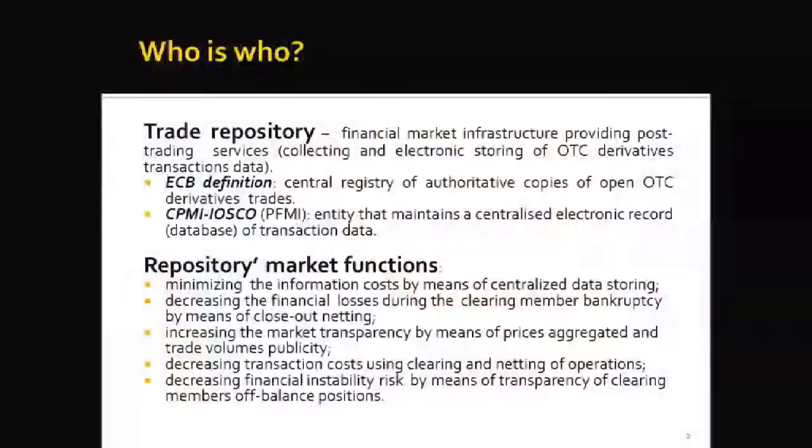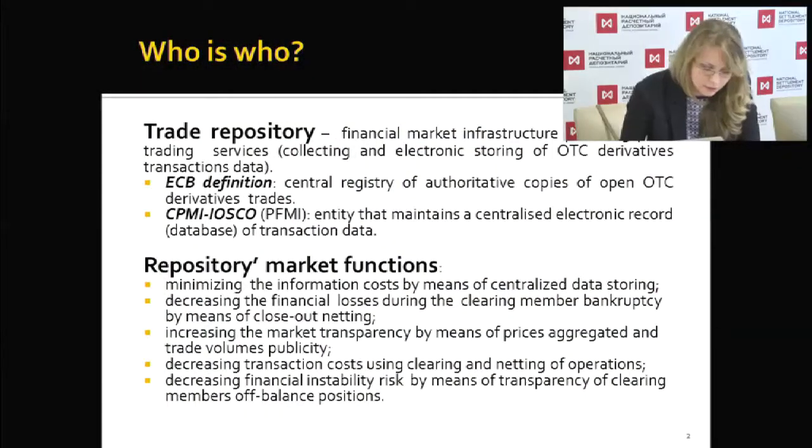And the CPMI and IOSCO definition, provided in the principles for financial market infrastructures, defines a trade repository as an entity that maintains a centralized electronic record database of transaction data.